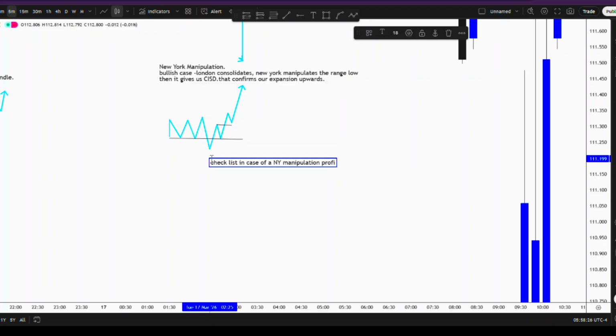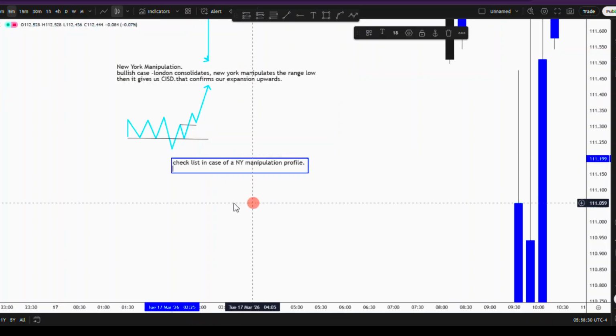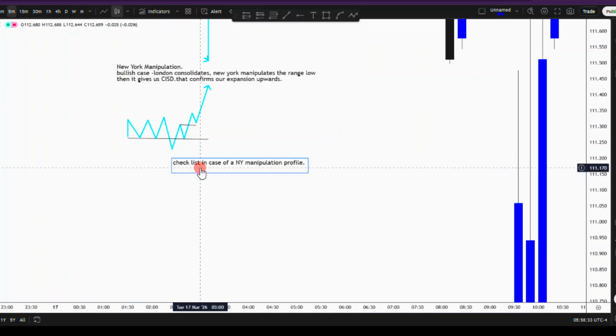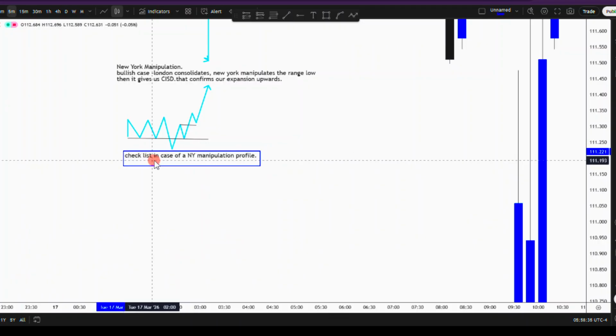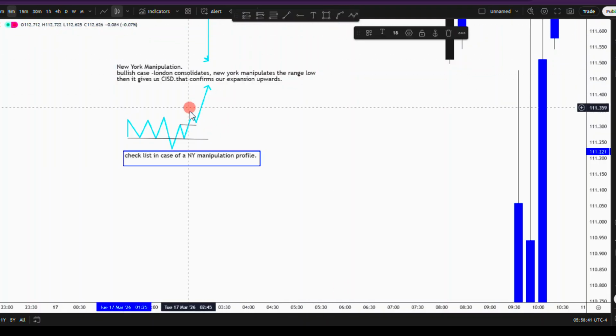Before you continue, a good student by now understands that you are using the power of 3 to establish our daily profile.